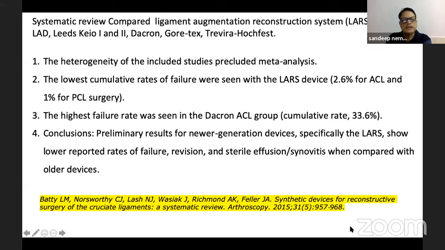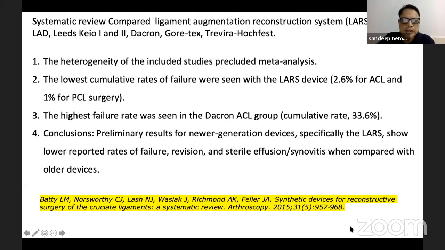Batty et al. have done a systematic review and compared ligament augmentation reconstruction systems, LAD, and different devices. These include the Gore-Tex, the Dacron and the ligament augmentation device. They found that the heterogeneity of the included studies precluded meta-analysis. There were lowest cumulative rates of failure with the newer generation Lars device, 2.6% for ACL and 1% for PCL surgery.